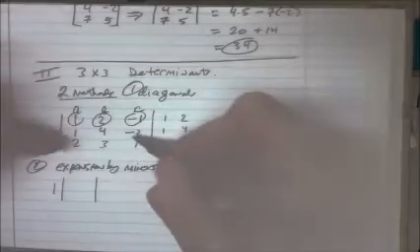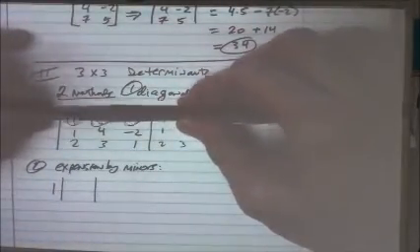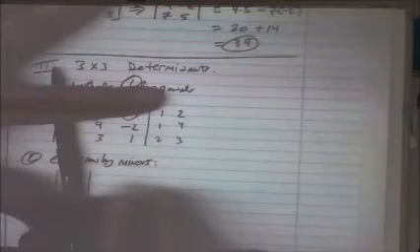And here's how we do it. The A is 1, and I'm going to multiply it by a determinant that is not touching either the row that A is in or the column that A is in. That means those numbers are the ones we'll use, 4, -2, 3, and 1.